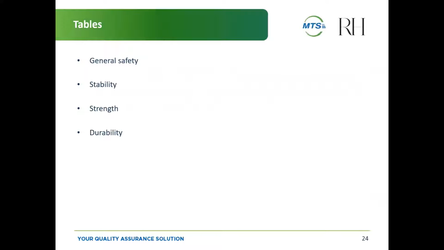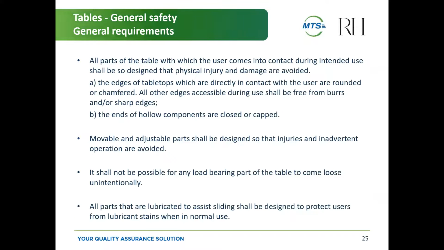Table testing, general safety, stability, strength, and durability. Some of the general safety, again, overall, you want to make sure that all the edges are free of burrs or any sharp edges, anything that can come in contact with the user. And then again, all hollow components should be closed or capped to ensure no finger entrapment hazards are there.